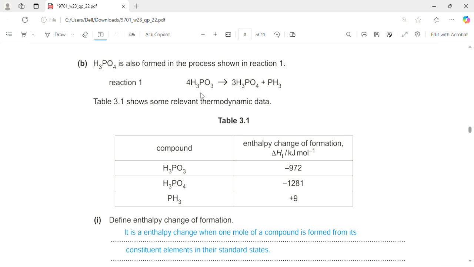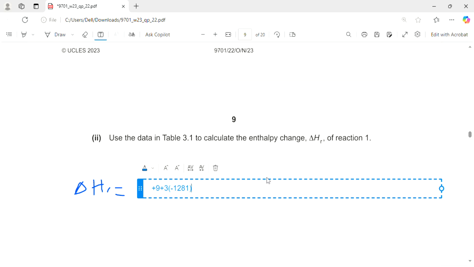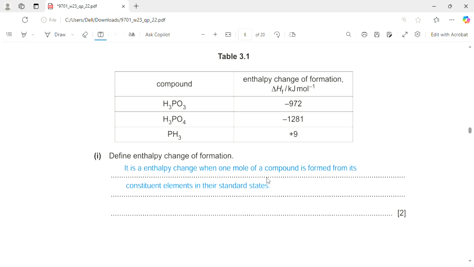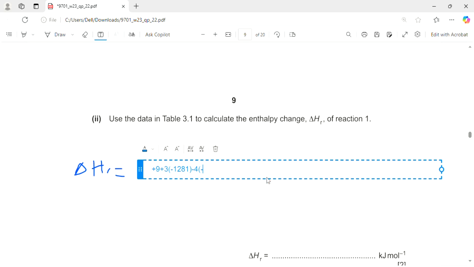So it's minus 4 multiplied by minus 972, the value of H3PO3.